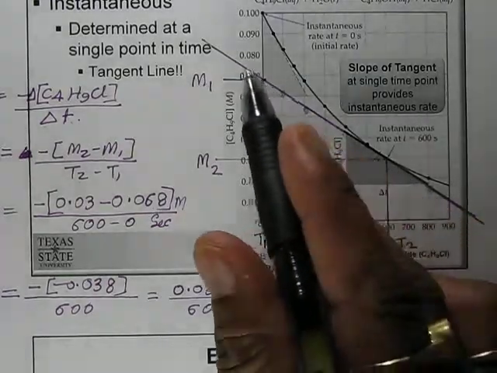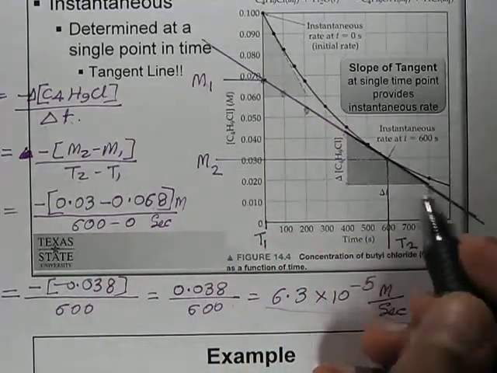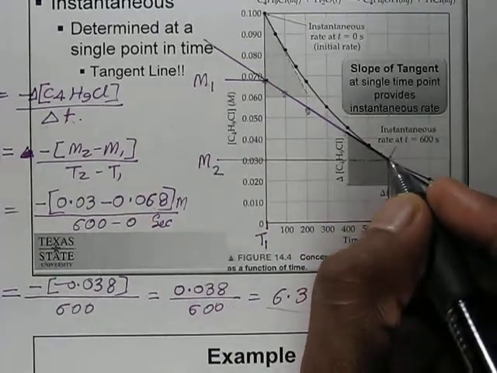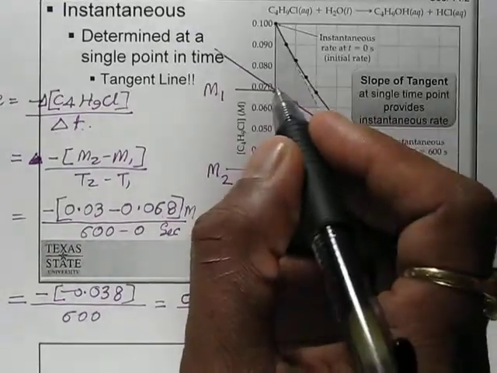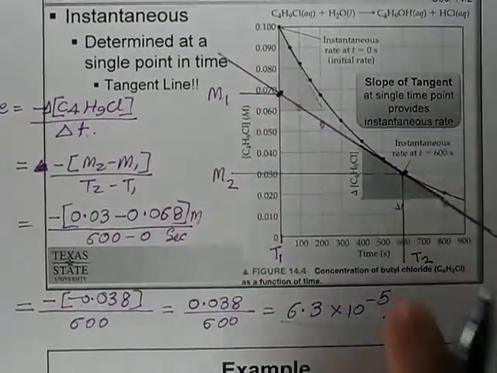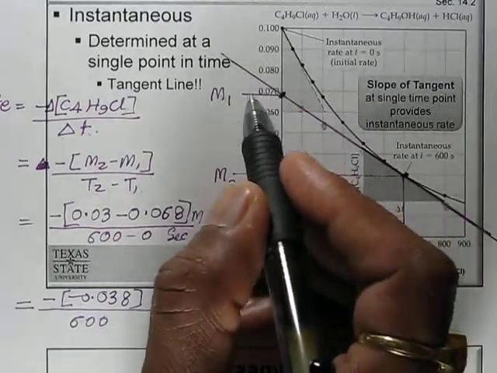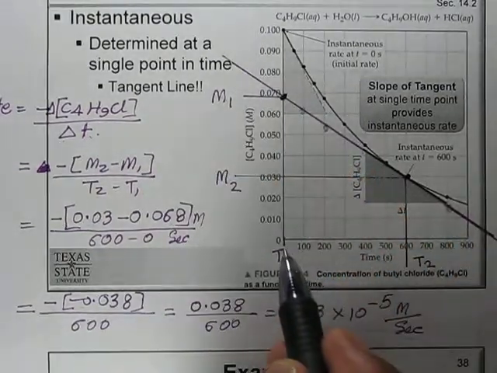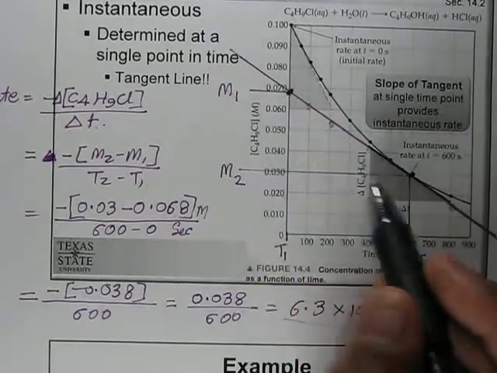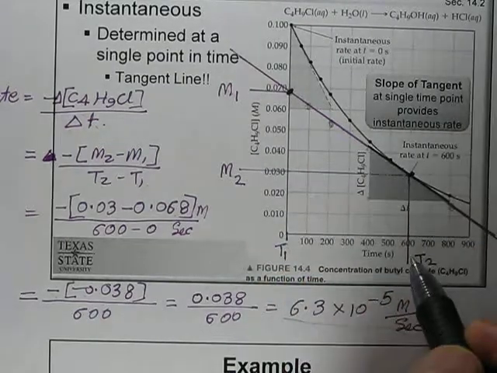So we will draw a tangent line, and we can choose any 2 points on this line. I'm choosing one point here and another point here, which is crossing the y-axis. So this will be my initial molarity M1 at time T1 equal to 0, and the final molarity will be M2 at 600 seconds.